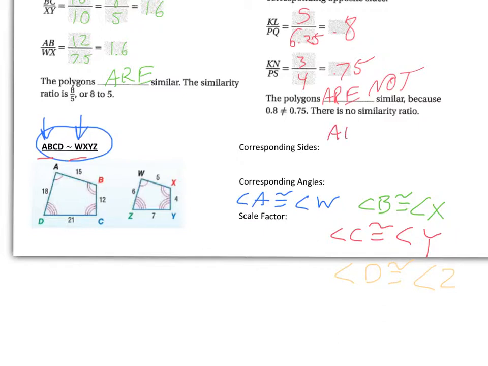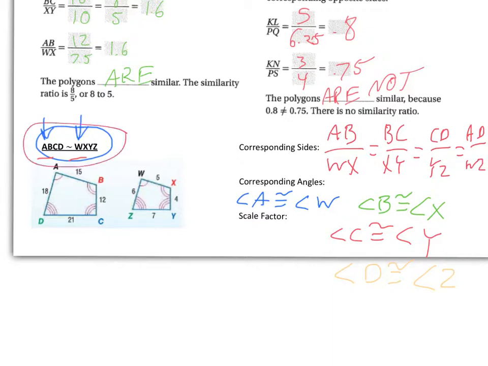AB corresponds to WX, which should be equal, since they're similar, to BC over XY, which should be equal to CD over YZ, which should be equal to AD over WZ. And you should be able to do all this without the drawing if we're given this statement right here.